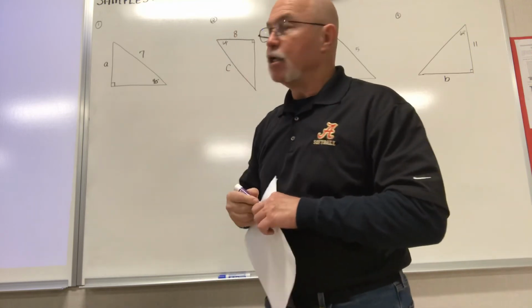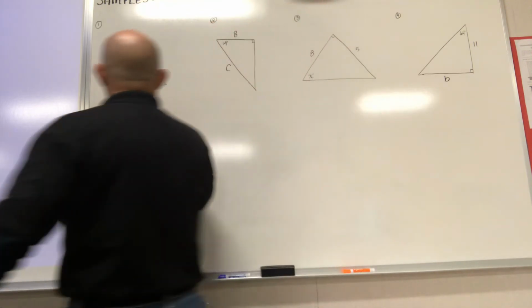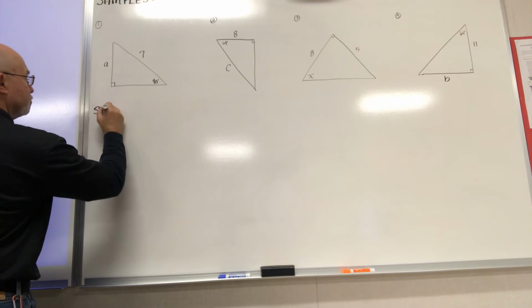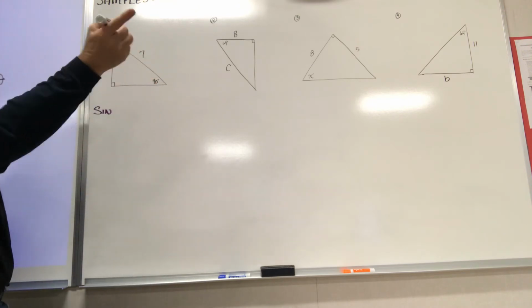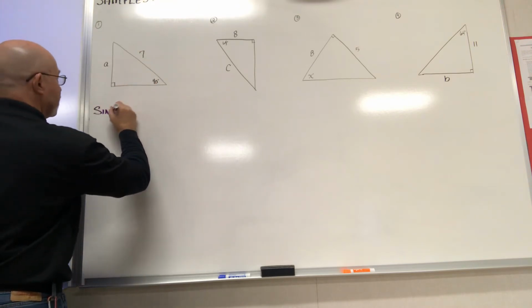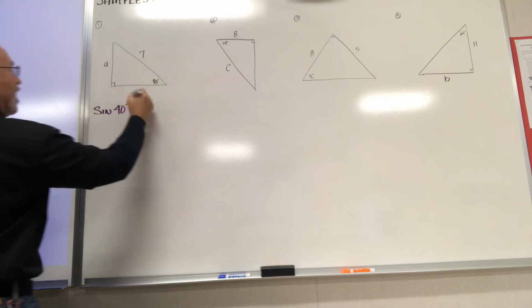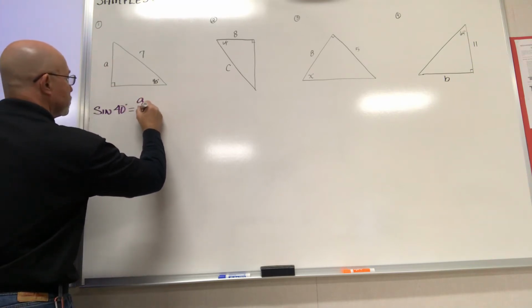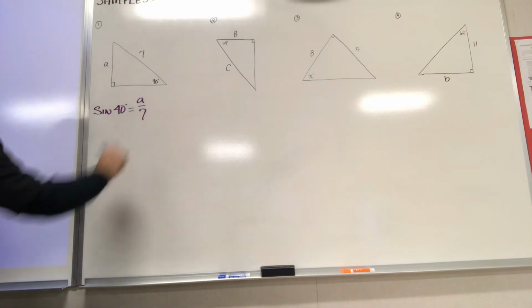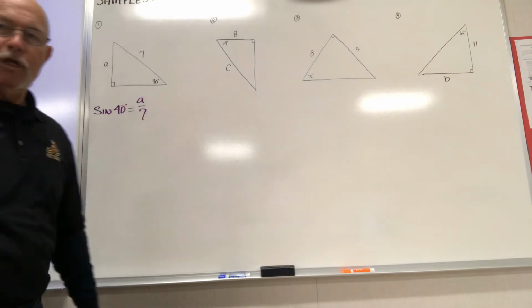Yes, it's the sine. So we use that. We say the sine, instead of L or M, we've got 40 degrees here, equals A, opposite leg over hypotenuse. Okay.